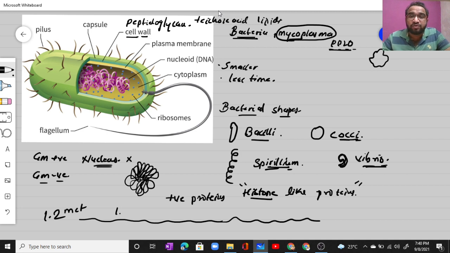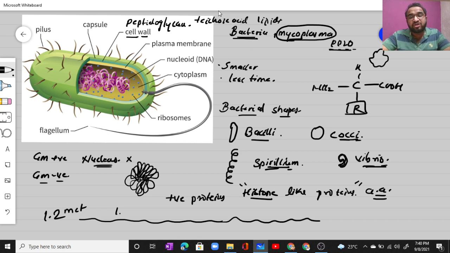Now, why are these proteins positively charged? Because we know that proteins are long chains of amino acids, right? There are 20 different types of amino acids, and there is a basic structure of an amino acid that I will draw: it has a carboxylic end, an amino group, and an R chain.